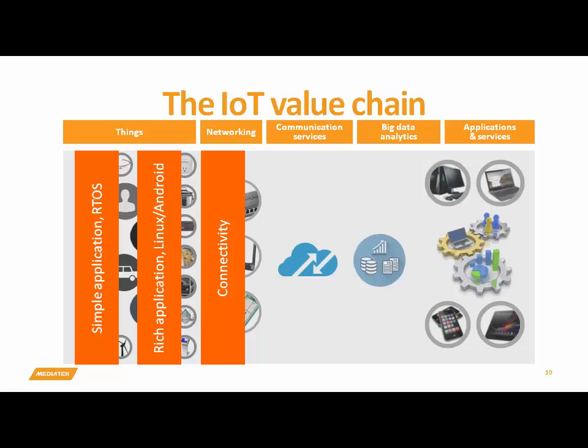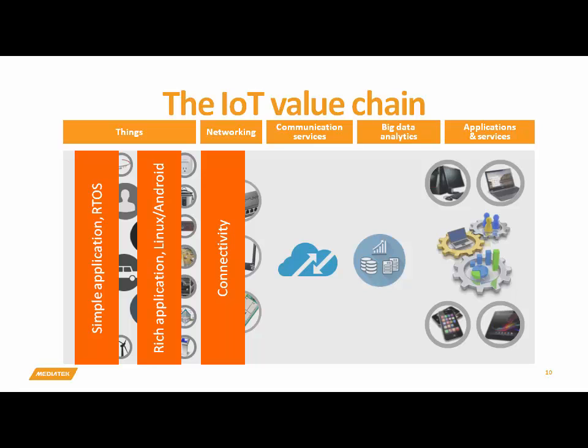Where does MediaTek see itself in the IoT value chain? Well, as we can see, there are a number of different aspects to the value chain. There's the actual things themselves, there's the networking part of the value chain, there are communication services, analyzing the big data, applications and services. We talked in the past, in the previous webinar, in fact, about big data and the value of big data.